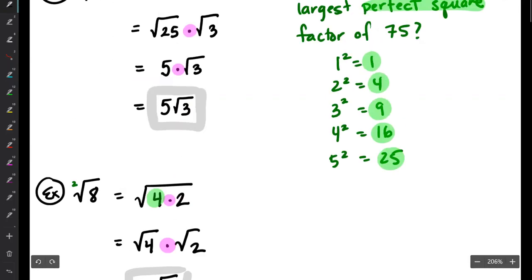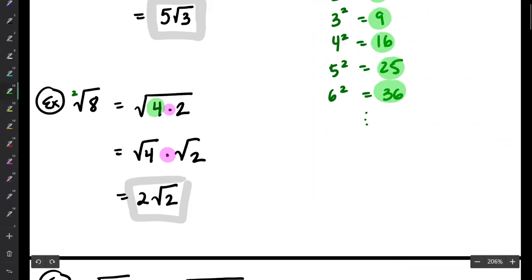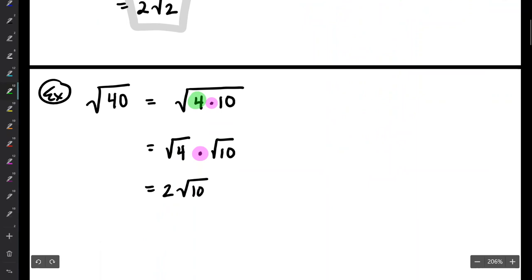Well, none of these perfect squares, except for 1, divide in evenly to 10. And again, there are more perfect squares. We can keep going. You know, 6 squared is 36, etc. So now we just did the square root of 40. What about the cube root of 40?